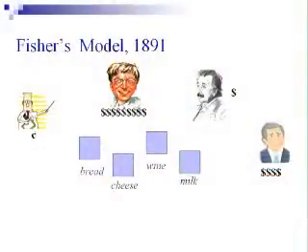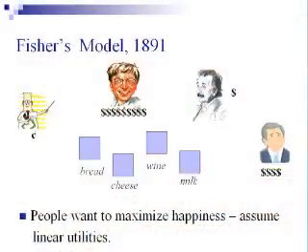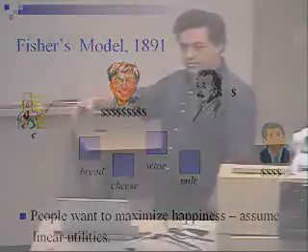Given any prices of these goods, each one wants to maximize their happiness. Let's assume that they have linear utilities, and I'll formalize that in a moment. If you set the prices of these goods at any given values, each one says, okay, how do I best spend the money that I brought to this market, so that my utility is maximized?